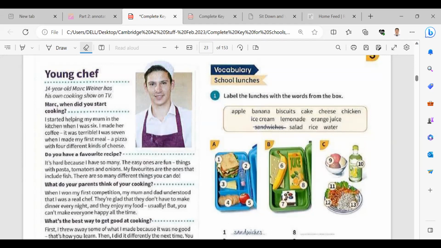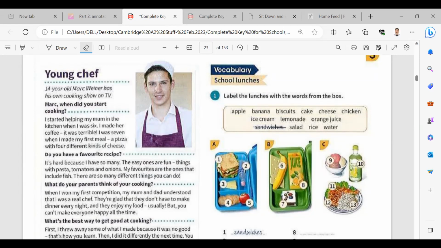With your family, or do you take a lunch box with you? I use a box. Yes, a lunch box. Exactly. What do you usually have in your lunch box?